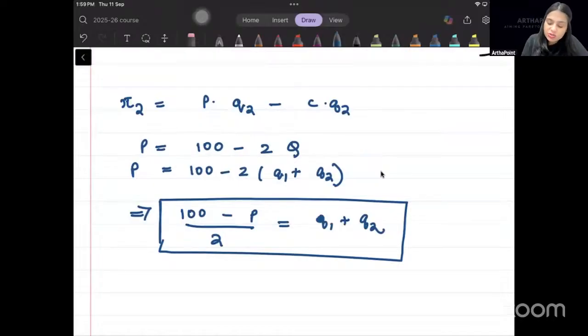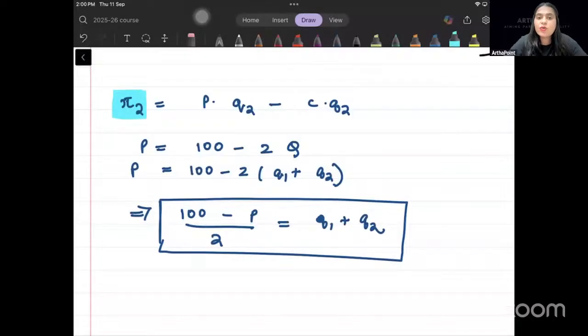So this profit function of the firm, the question is, can it be written as a function of price? That is what we are trying to determine, right? So we are going for a price sequential game, right?